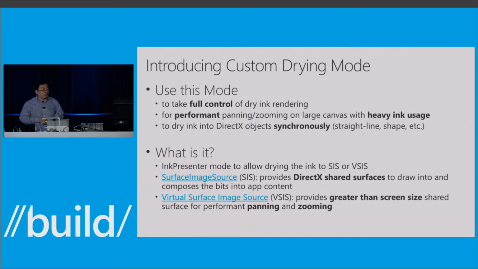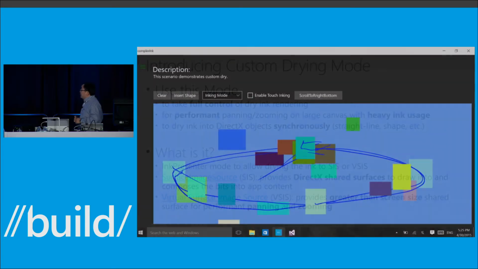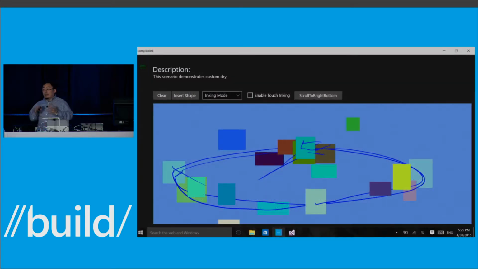These are the scenarios you want to consider activating a mode of ink presenter called custom drawing mode. Another scenario where custom drawing mode may help is when you have a large canvas. Switching back to the demo app, what I have here is a large canvas that is about 1,000 pages.